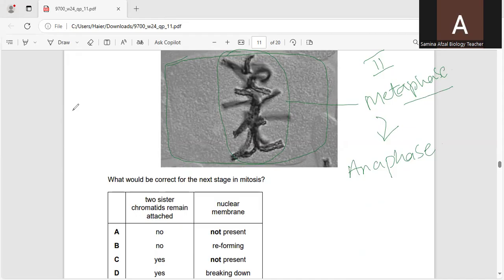Two sister chromatids remain attached? No, they will not attach. Nuclear membrane reforming? No, it will not reform. It will not be present in the anaphase. It will be formed in the telophase. So A is the correct option.